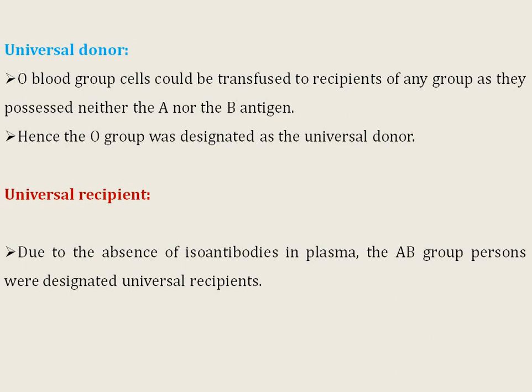Hence, the O group was designated as the universal donor. Universal recipients: due to the absence of isoantibodies in plasma, AB group persons were designated universal recipients, because the AB blood group has absence of both A and B antibodies. So this person is considered a universal recipient.